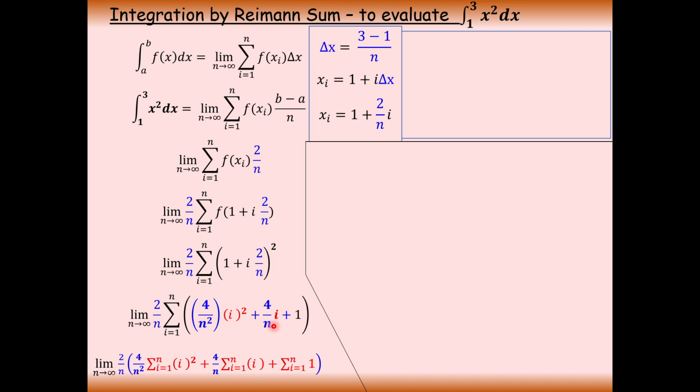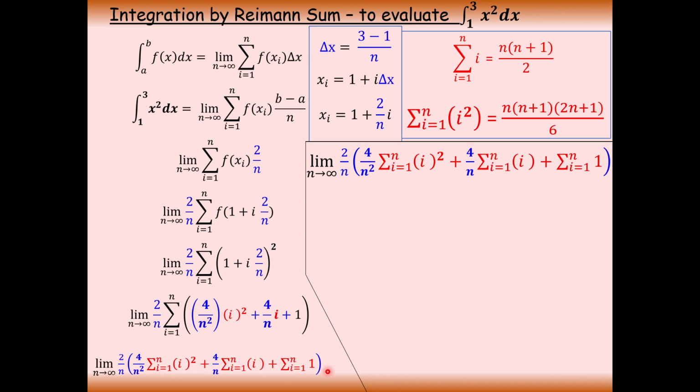So take your time and pull out the constants out of the summation. And now we are going to use the formulas for the sum of natural numbers and the sum of natural numbers squared in over here. And this last summation, the sum of a constant, basically is that constant multiplied by the upper value of the sigma here, which is n.